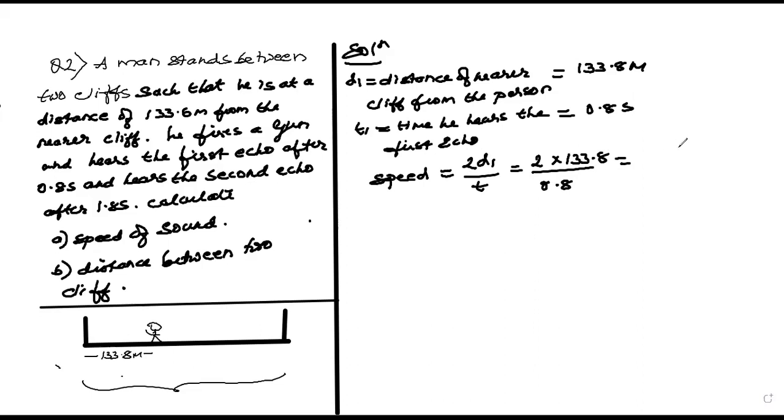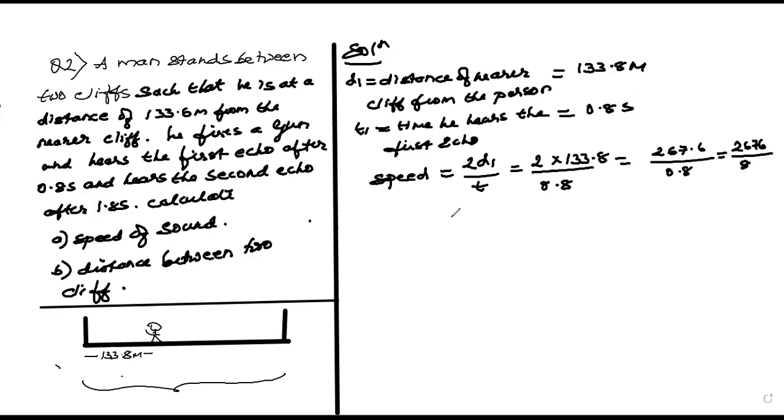This is 267.2 divided by 0.8. The decimal goes off in the numerator as well as the denominator, since only one digit of the decimal is there.